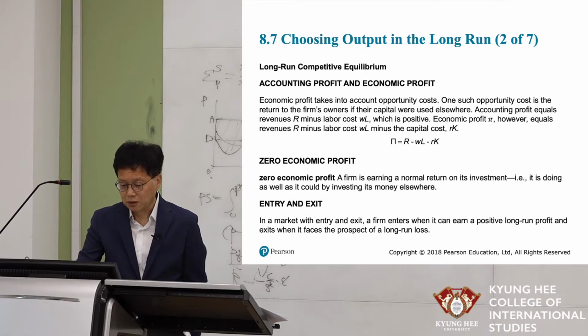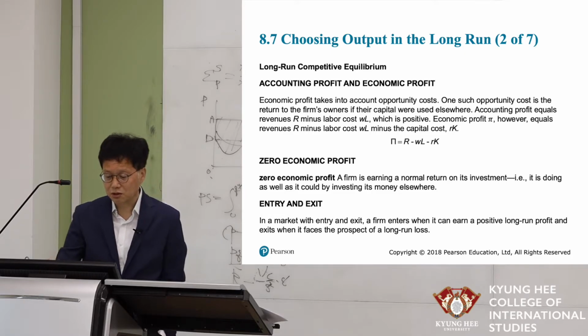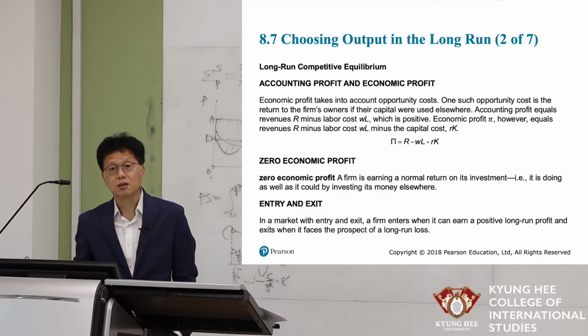Zero economic profit: a firm is earning a normal return on its investment. It is doing as well as it could by investing its money elsewhere. So zero economic profit means no profit. But entrepreneurs receive some money based on their contribution, right?